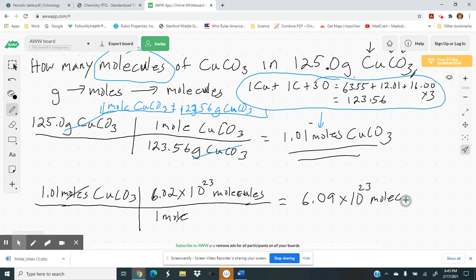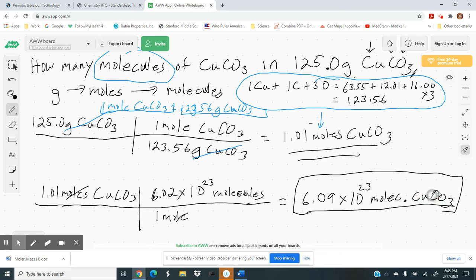Sometimes I'll just put it as molecules of copper carbonate. Okay, there is the answer. There's the answer to the whole problem. 6.09 times 10 to the 23rd molecules of copper carbonate.